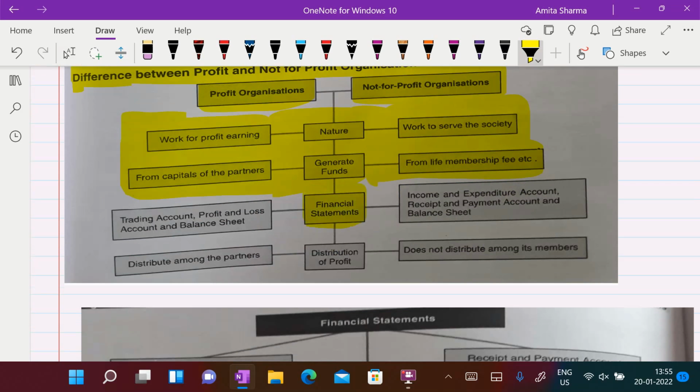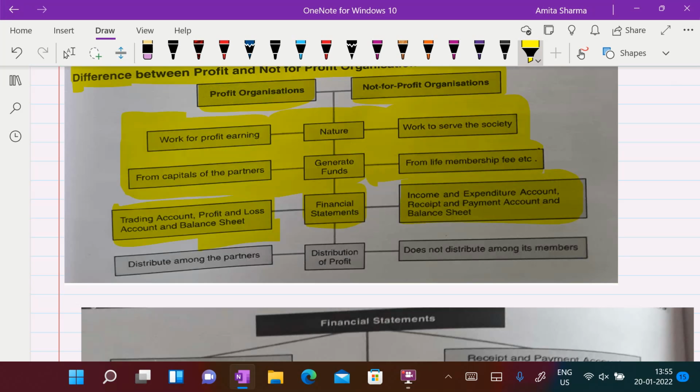Profit organizations prepare three types of accounts: trading account, profit and loss account, and balance sheet. Not for profit organizations again prepare three types of accounts: first is income and expenditure, receipts and payment account, and balance sheet.